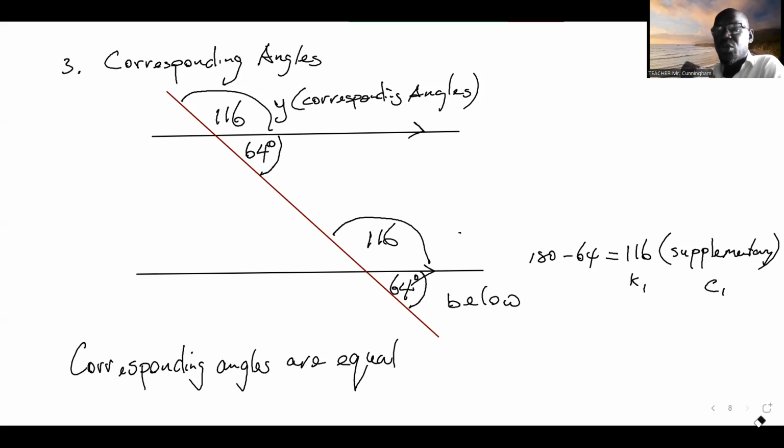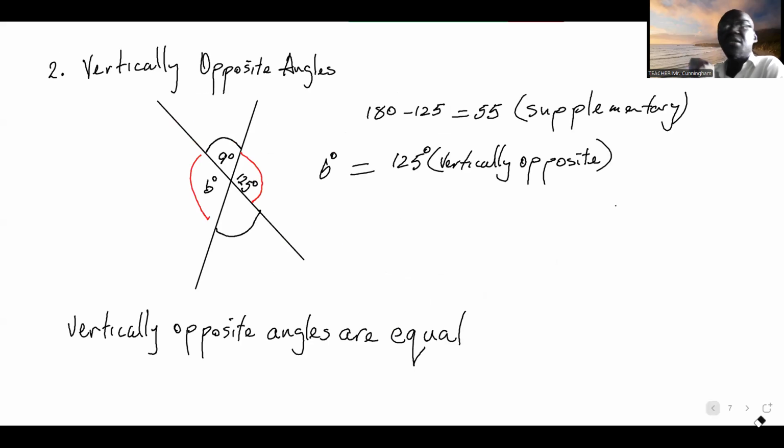Then we looked at vertically opposite angles, meeting at a junction, and they form four angles. In those four angles, those that are opposite to each other are equal. So vertically opposite angles are equal.